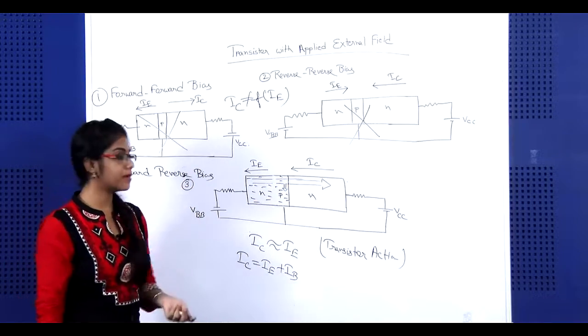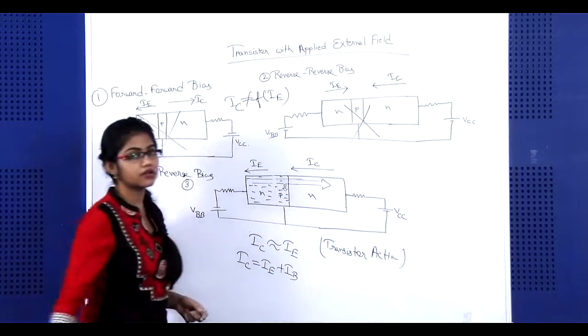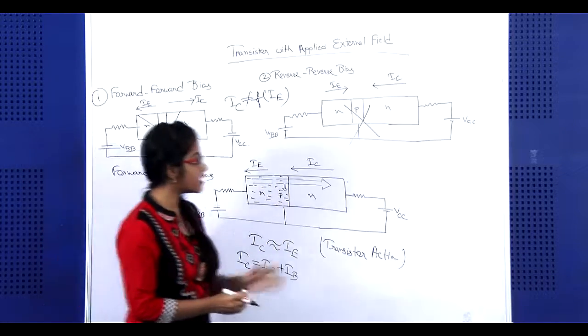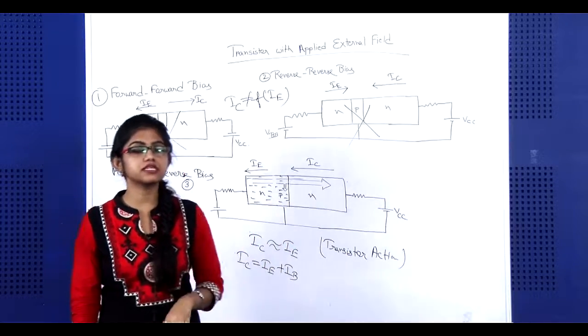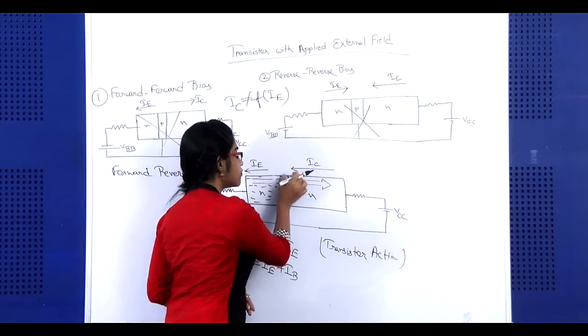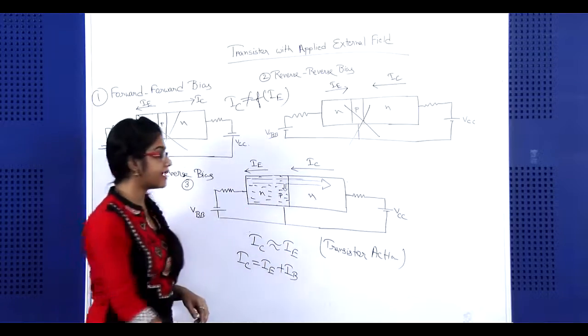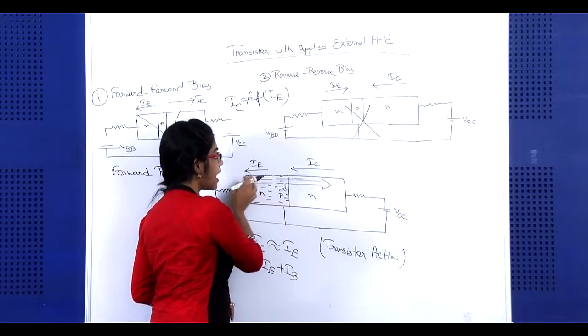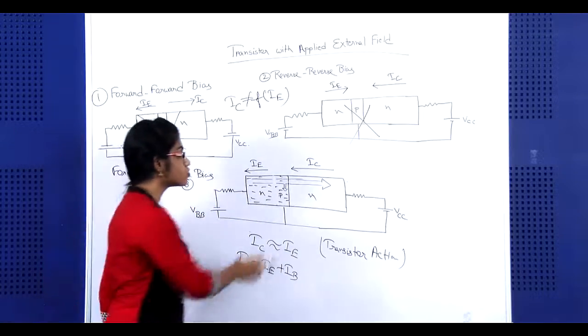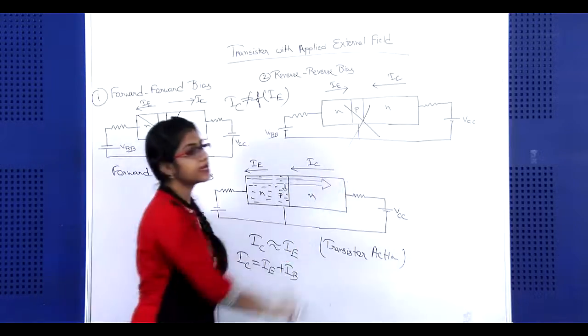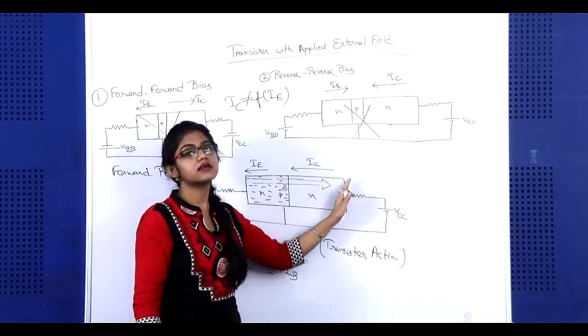And what actually happens in the next p-n junction diode? Whenever we increase this VCC, that is the reverse bias voltage, the barrier becomes larger and larger, and the minority charge carriers cross over this barrier and are collected at the collector region.